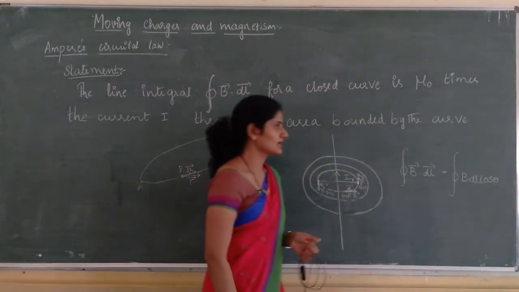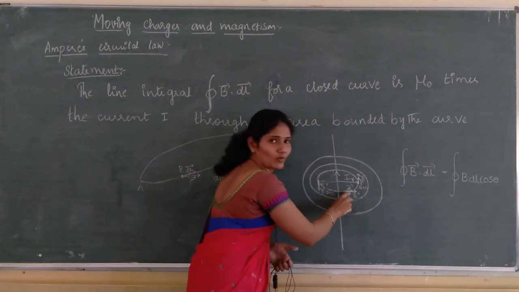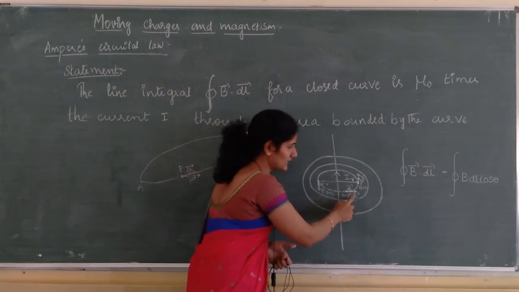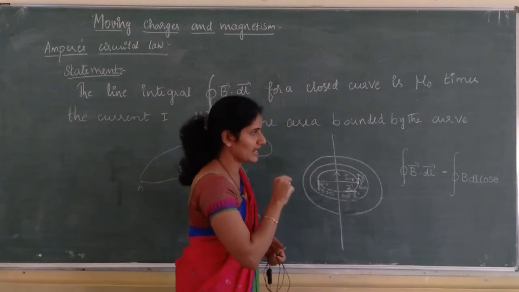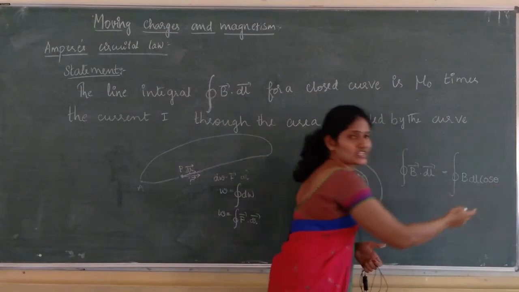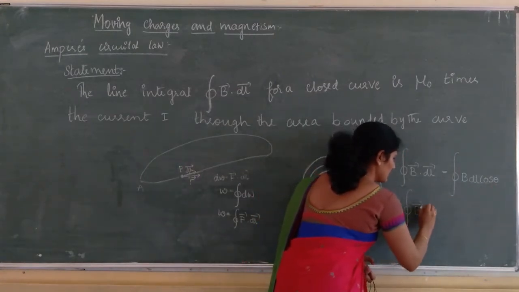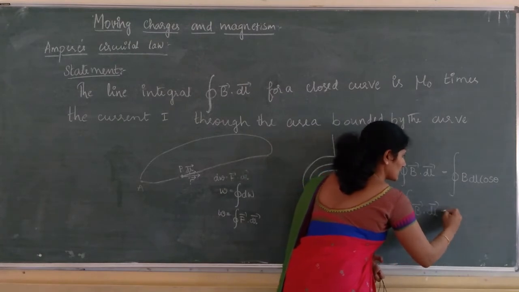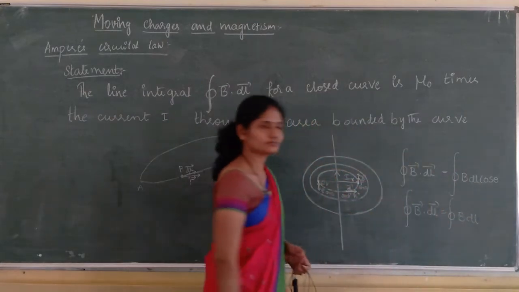What is theta there? Theta is the angle between the B vector and the dl vector. In this example, the angle between the B vector and the dl vector is 0. So, cos 0 is equal to 1. So, the closed line integral of B vector dot dl vector is equal to B times dl.